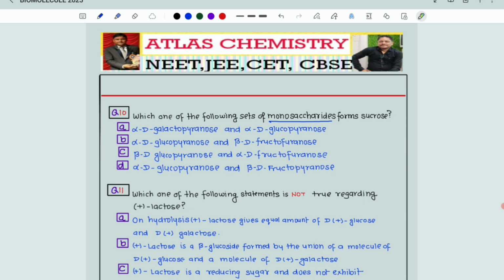So in option B there is a glucopyranose ring and a fructofuranose ring. So alpha D glucopyranose ring and beta D fructofuranose ring is the correct option for the given question.